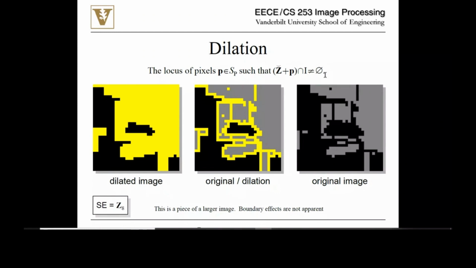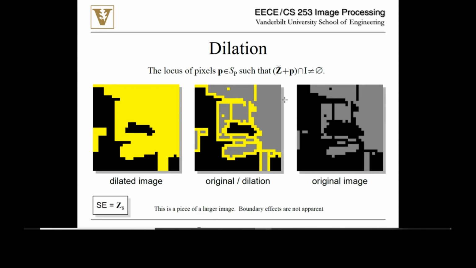So if I move my structuring element to this location in the middle, for instance, my intersection with the input image is different from 0. And the same happens for all these pixels here. This hole, if I move my structuring element there, and I compute the intersection, it is different from the empty set. And the same here, the same here.